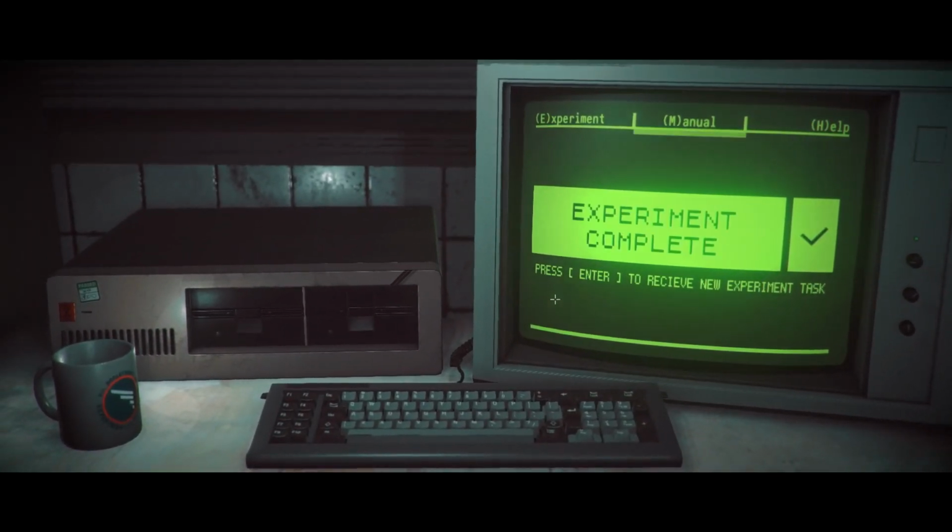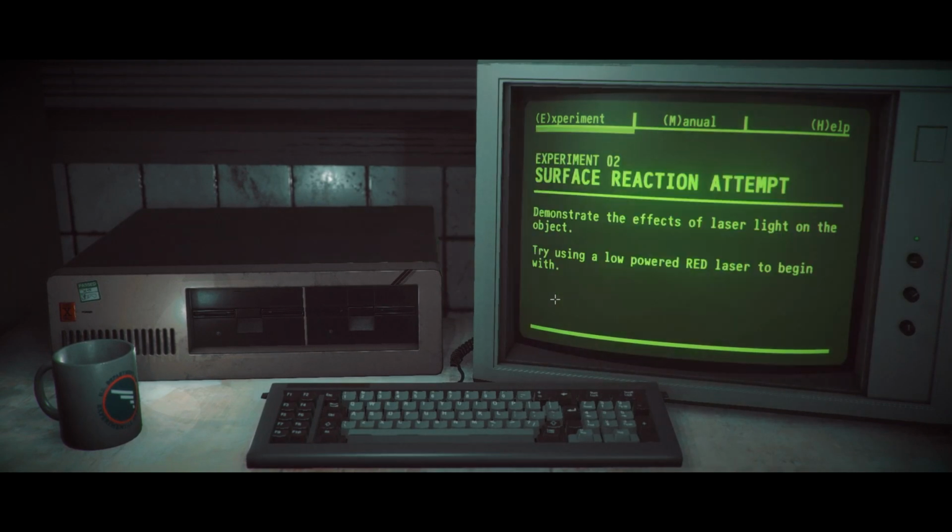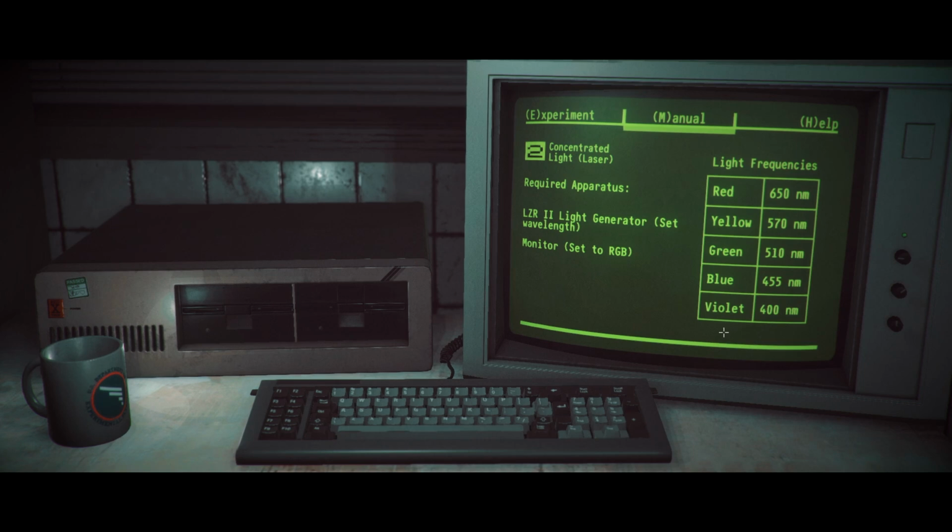Okay. Experiment 2, surface reaction attempt. Demonstrate the effects of laser light on the object. Try using a low-powered red laser to begin with. Okay, required apparatus. LZR II light generator. Set wavelength.